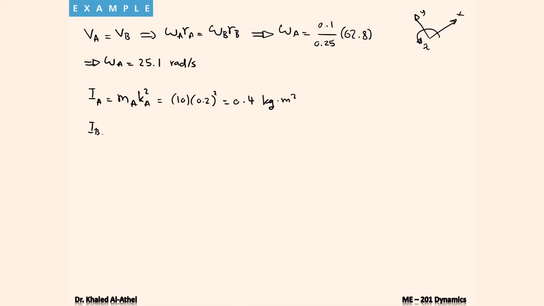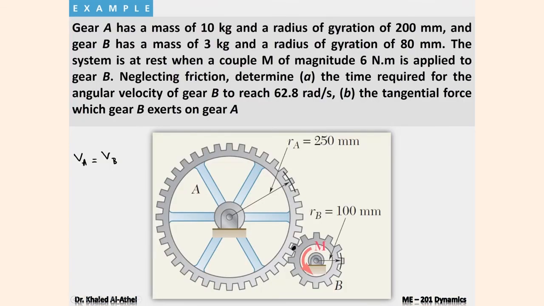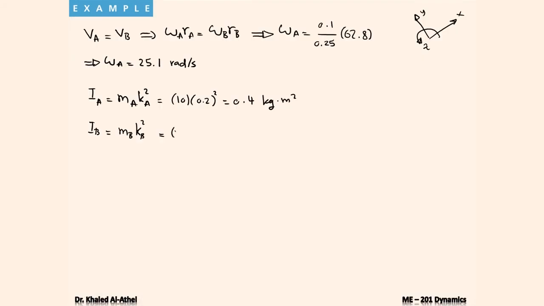Similarly for IB, it's just different values, but the procedure is exactly the same. So MB KB squared, where MB is given as 3 kilograms and radius of gyration is 80. So it's 3 multiplied by 0.08 squared. And this will give me IB as 0.0192 kilogram meter squared. So now I have the values that I need in my problem.